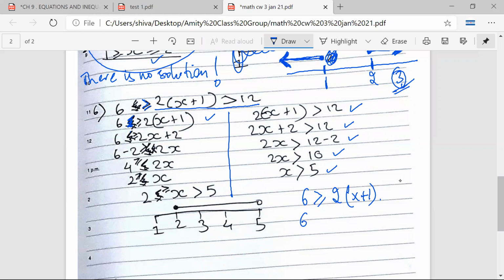So 6 is greater than or equal to 2x plus 2, and 2x is less than or equal to 4, and x is less than or equal to 2. Soumya, is it correct? Yes, sir. So you have two conditions. This is the first condition. This is the second condition.